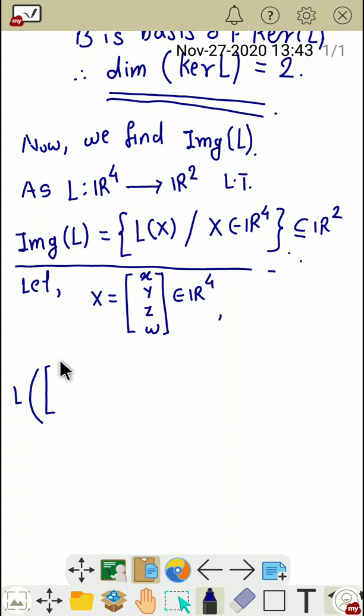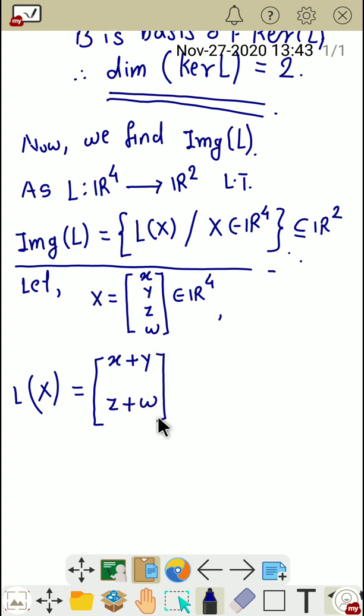So I want to find the image of the vector x under L. So L of x is equal to (x plus y, z plus w).